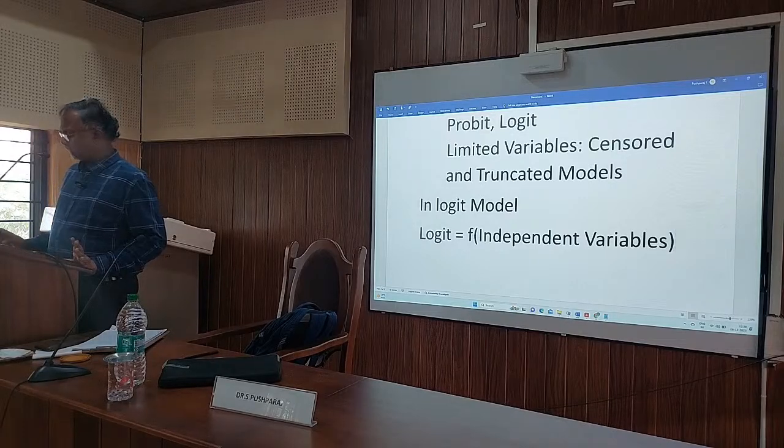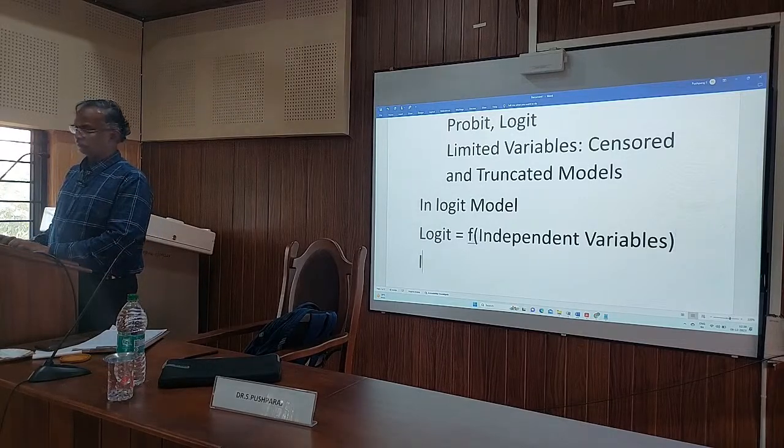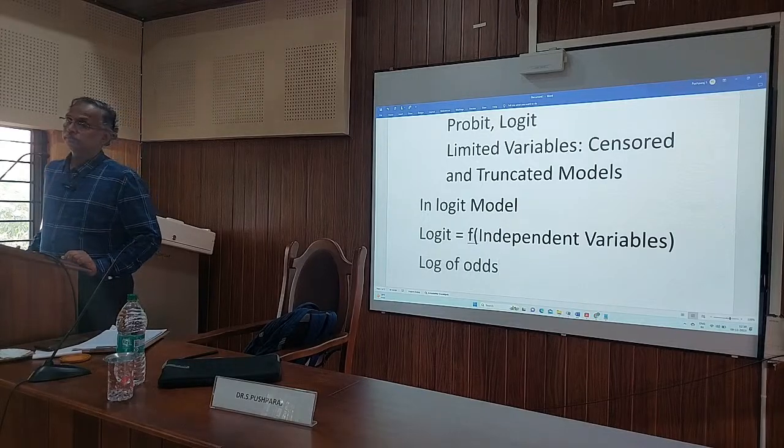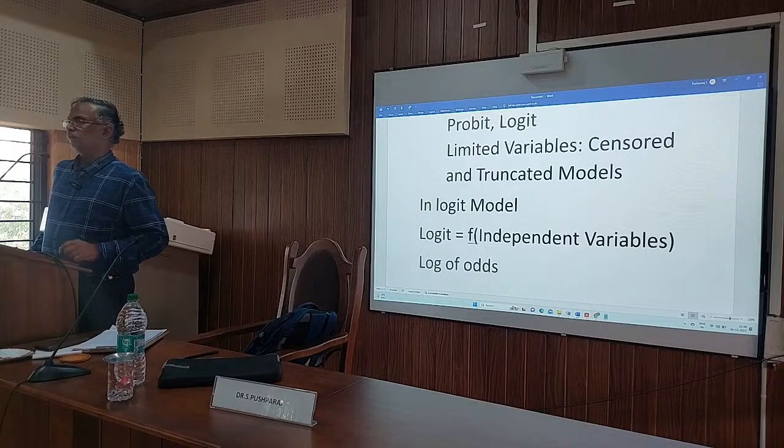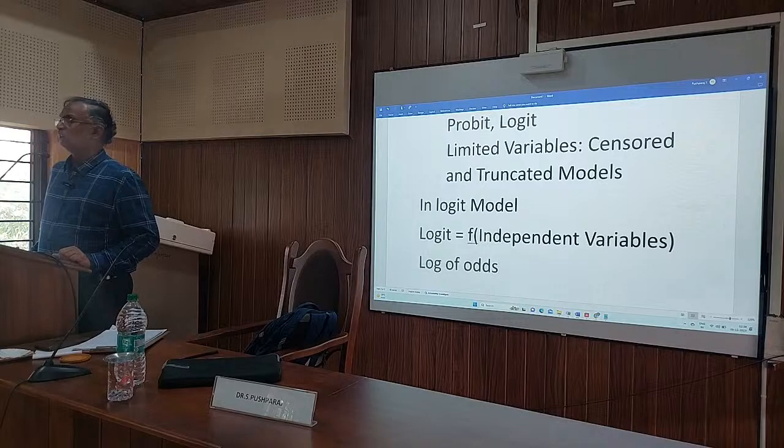What is logit? Logit is nothing but log of odds. So for each of the zeros or ones, we'll calculate the logit values, and it will be taken as the y variable.